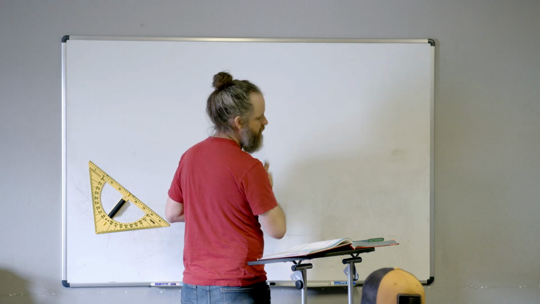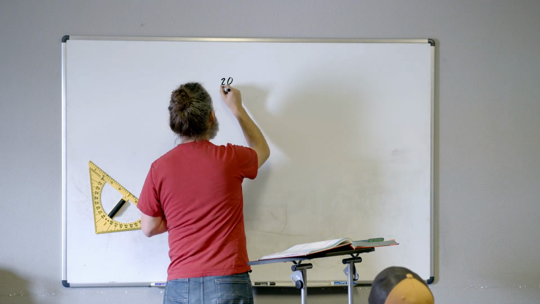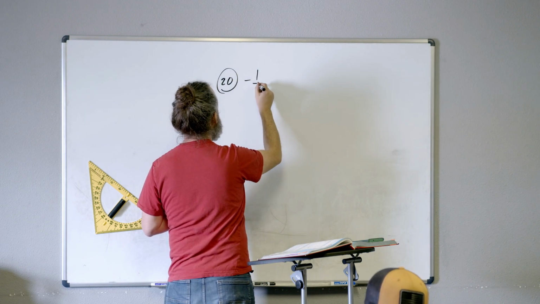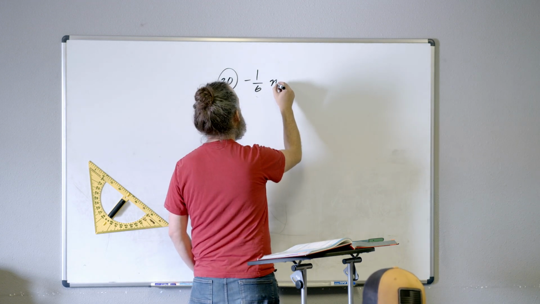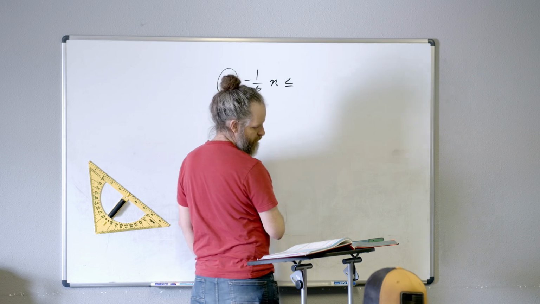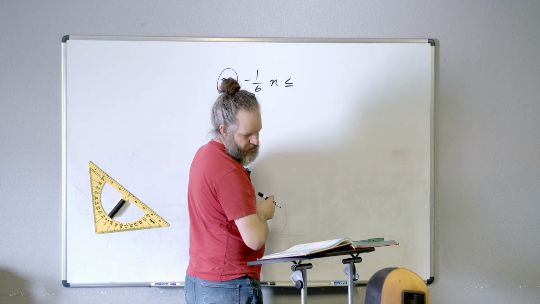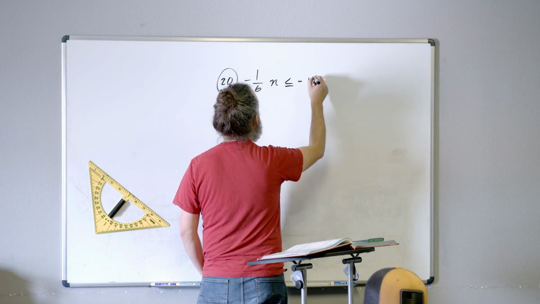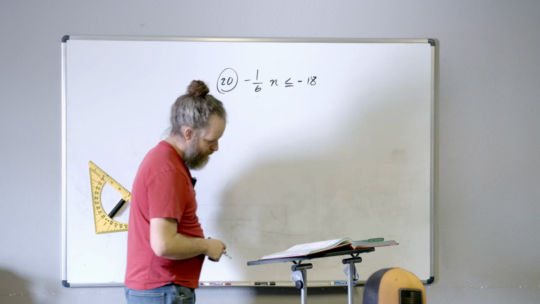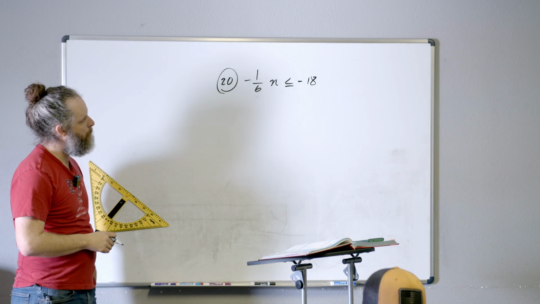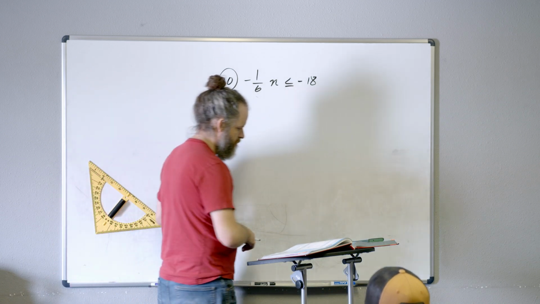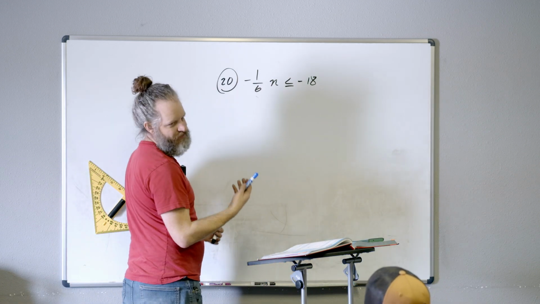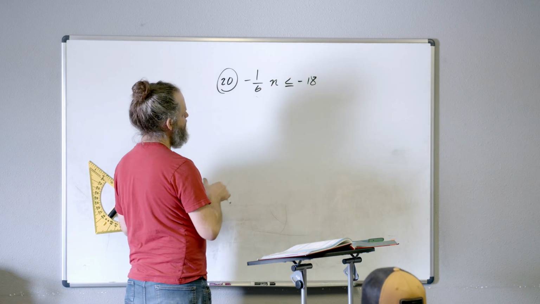Number 20. Negative 1/6 of N is less than or equal to negative 18. What do we need to do? Divide by the reciprocal. Multiply by the reciprocal, which is dividing. Yeah, that's what you meant.